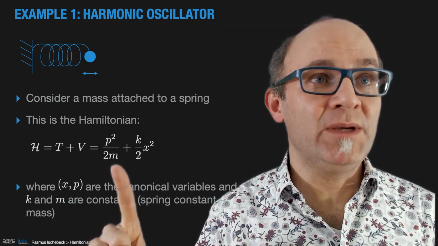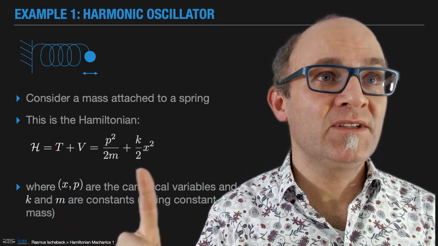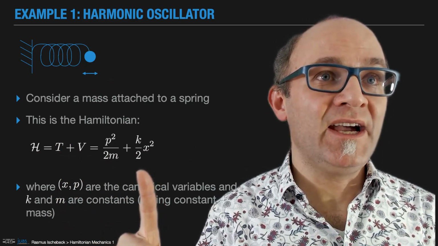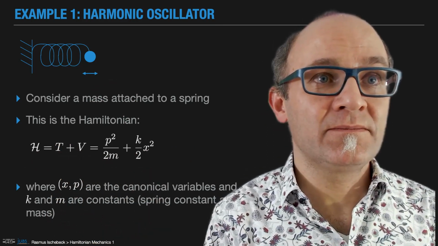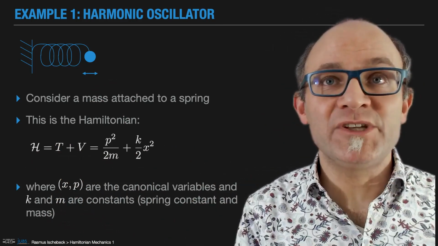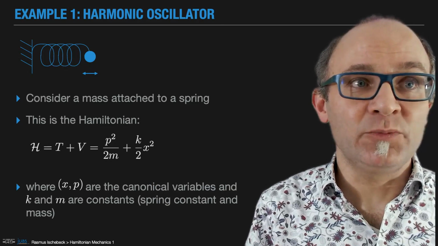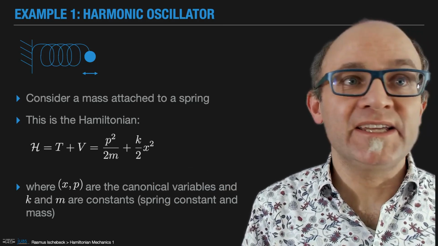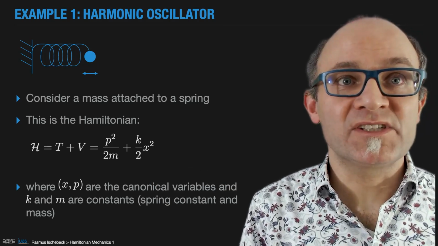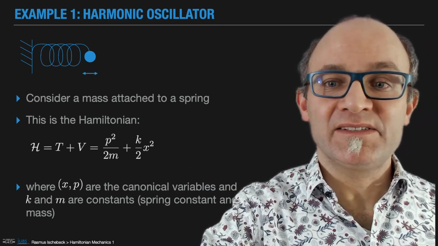Kinetic energy is given by p squared over 2m, and the potential energy is ½ k times x squared. This is a one-dimensional problem. We have two canonical variables, x and p, and two constants, k and m, the spring constant and the mass.